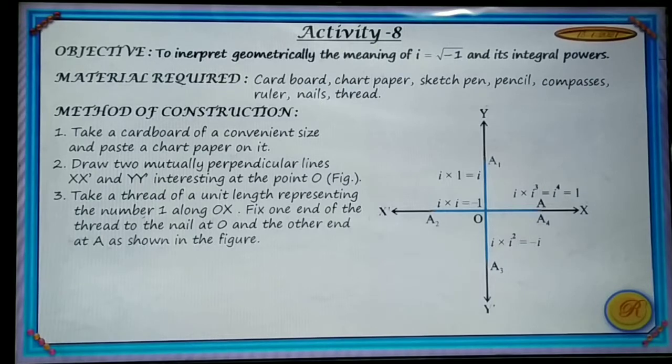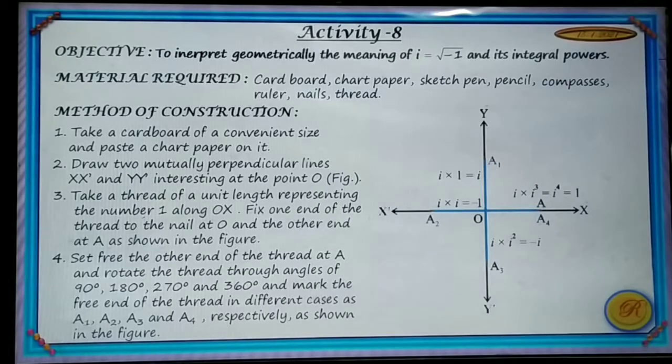Fourth one, set free the other end of the thread at A and rotate the thread through angles of 90 degrees, 180 degrees, 270 degrees and 360 degrees and mark the free end of the thread in different cases as A1, A2, A3 and A4 respectively as shown in the figure.